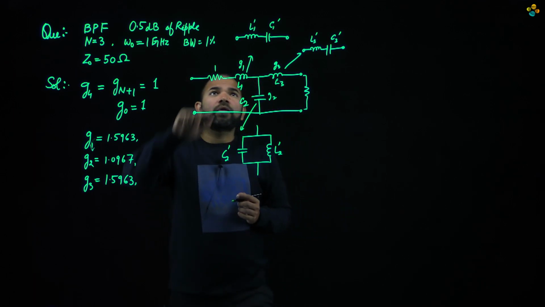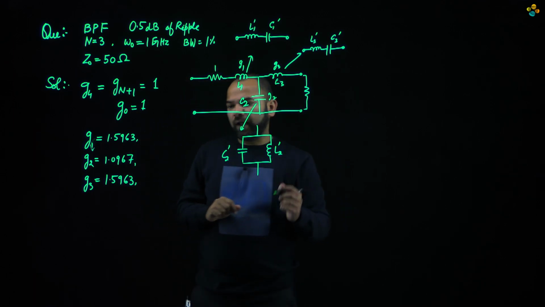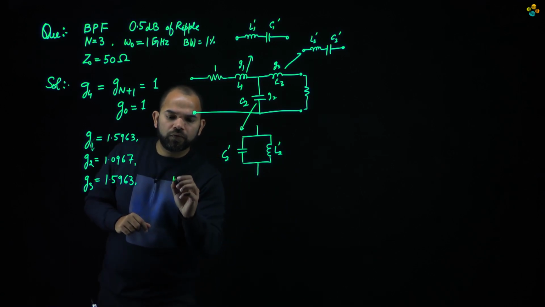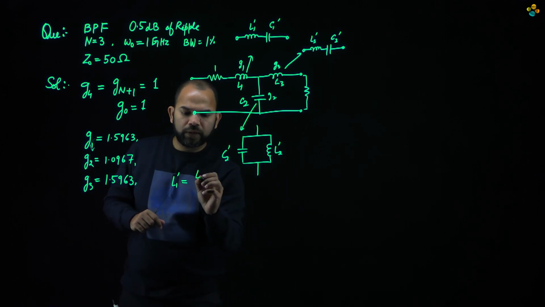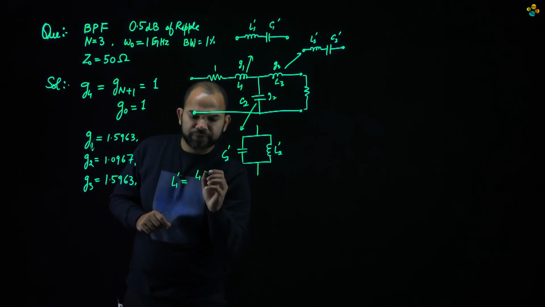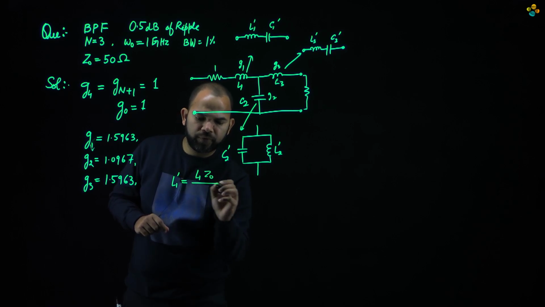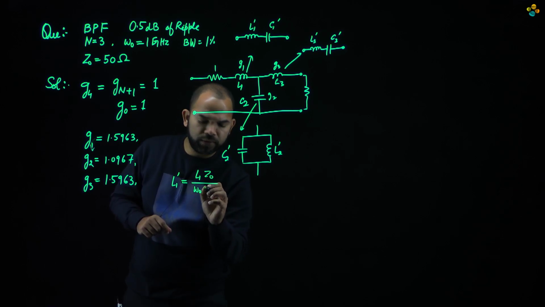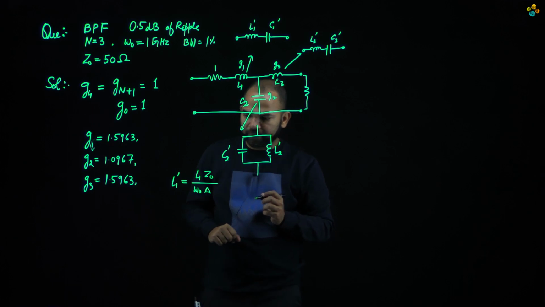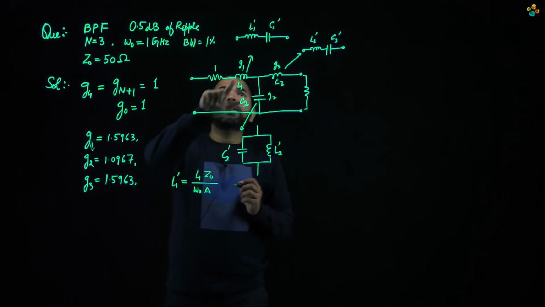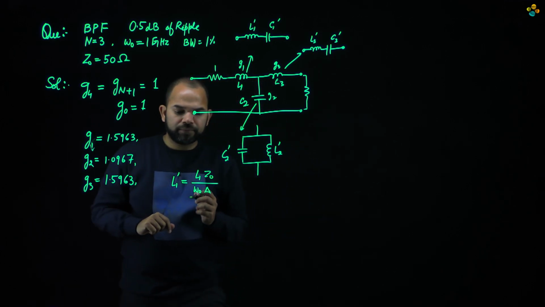So let's say what would be the value of L1 dash. L1 dash would be L1 into Z naught divided by omega naught into delta. I'll explain what delta is here. So this is for this series combination.